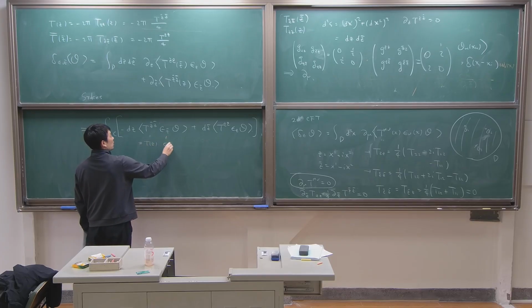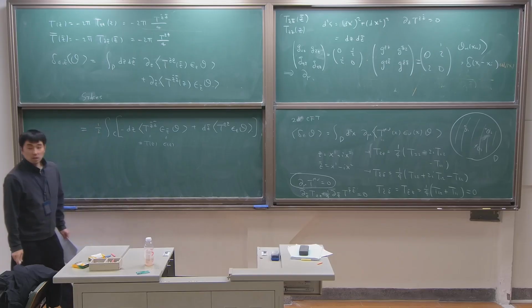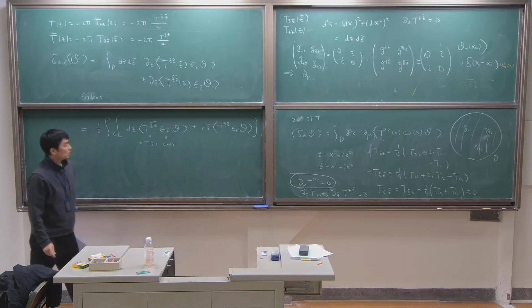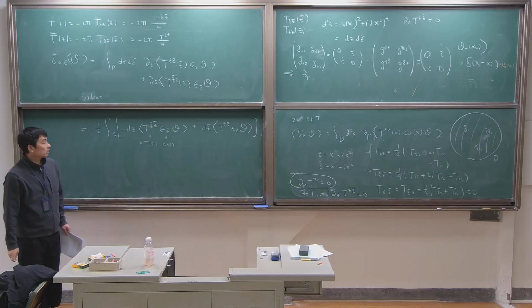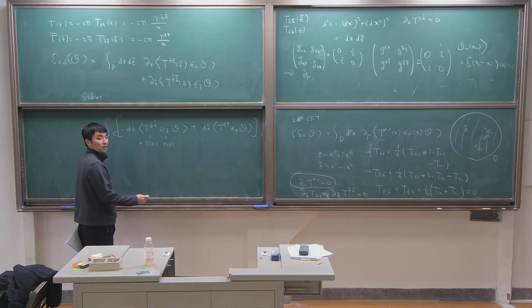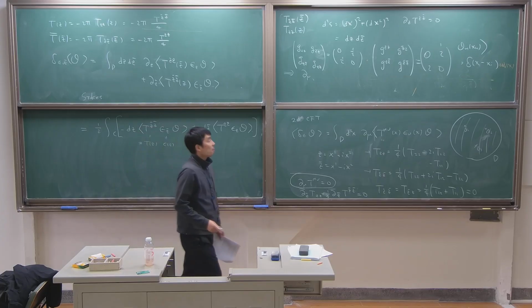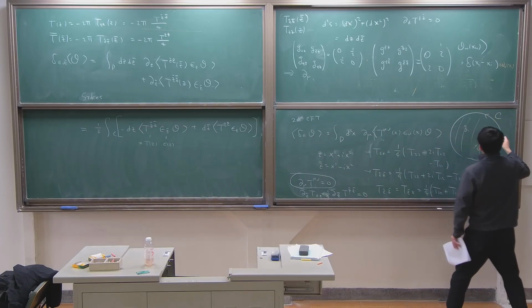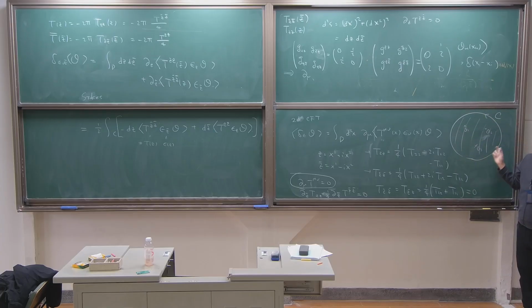And this one we just call epsilon, up to some constant. And the contour C is this direction. C is the boundary. So by Stokes theorem, C is the boundary contour of this domain D.